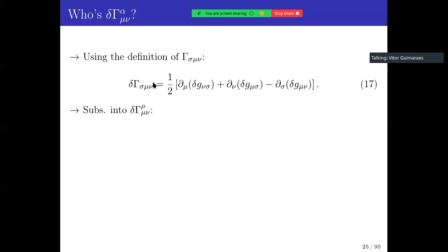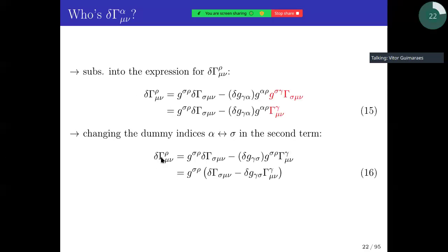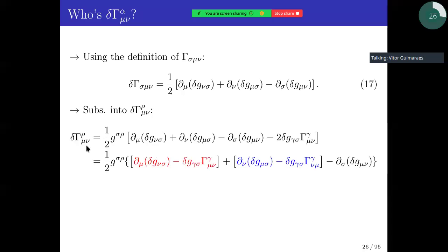Substituting this into this expression here, we get this full expression here, okay? Note, however, that these two terms here are a little bit familiar, right?